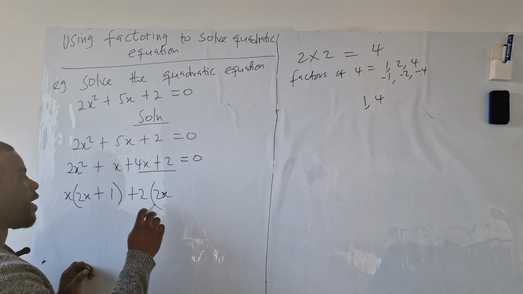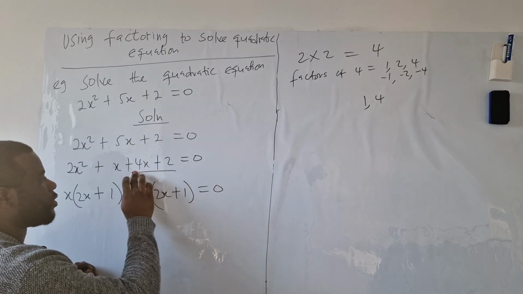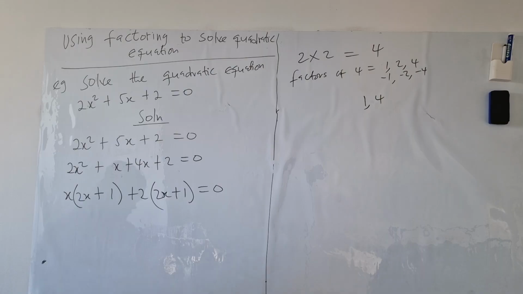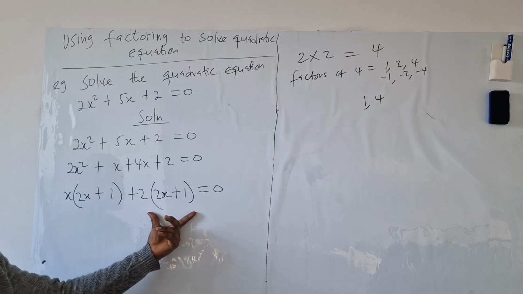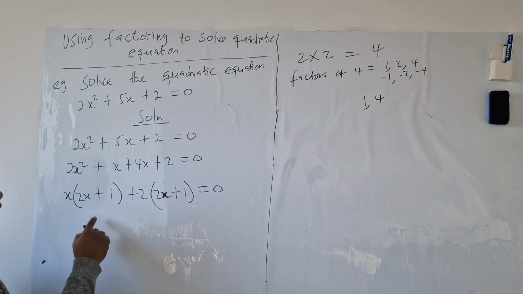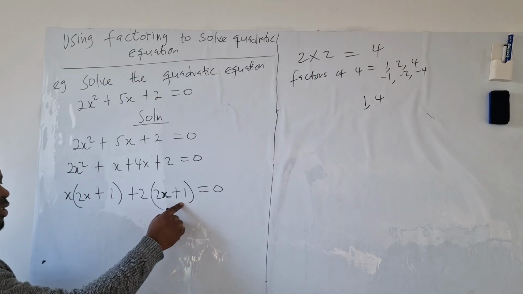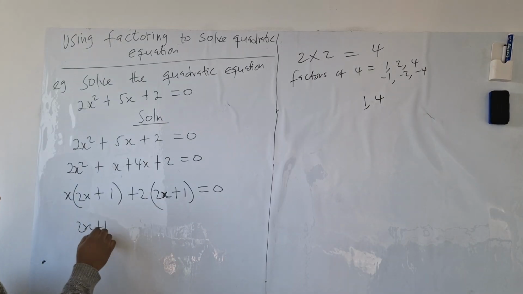Then what we multiply by 2 to give 2, that is 1, positive 1. And that's equal to 0. So we have this term and then we have this term. Now, among these 2 terms, there's still a common factor that can also be factored out. At this point, we have 2x plus 1 between both terms. So we can factor 2x plus 1 out here.